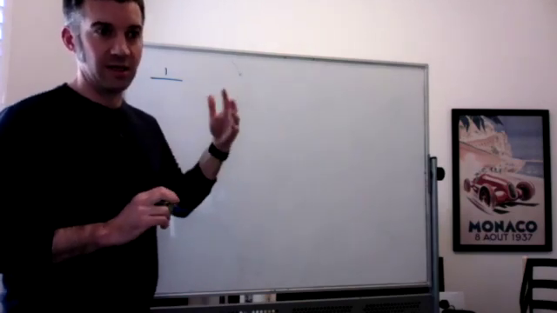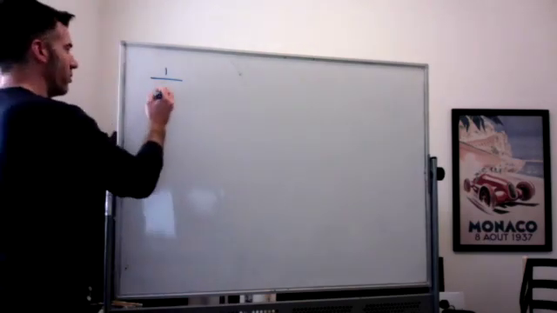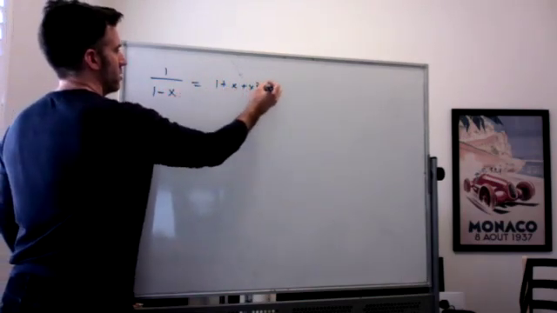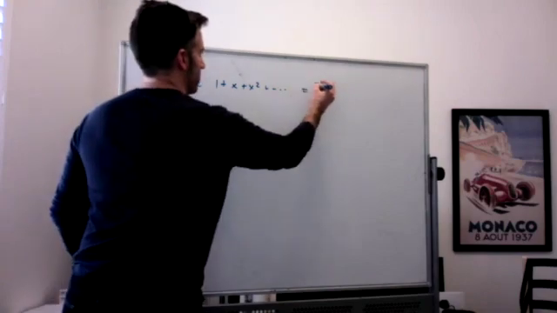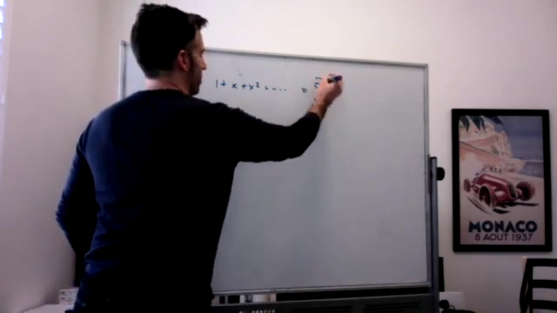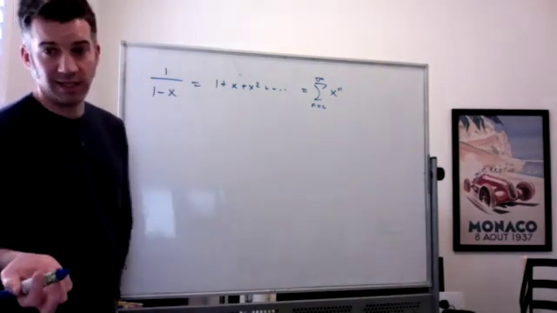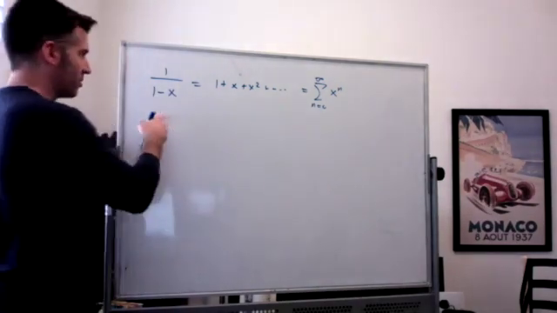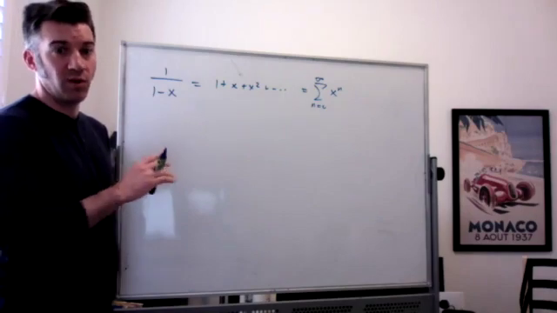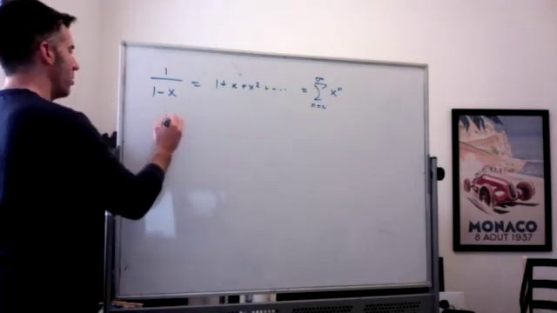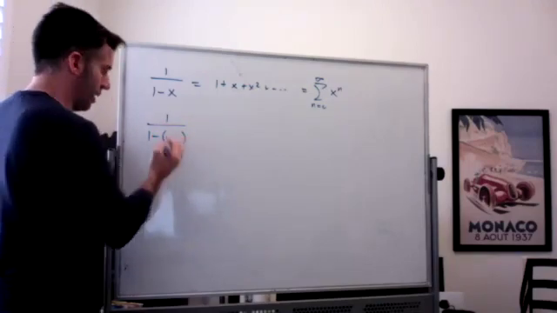So 1 over 1 minus x is our bread and butter. It's the sum from n equals 0 to infinity of x to the n. And then 1 over 1 plus x is also, right? So really 1 over 1 minus anything is always up for grabs. So 1 over 1 minus, take your pick.